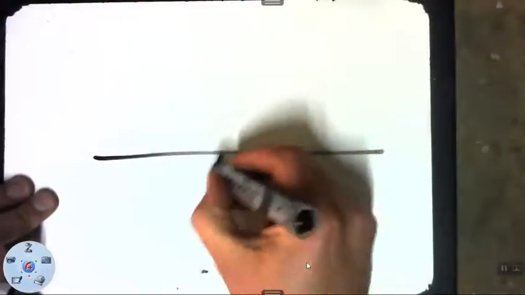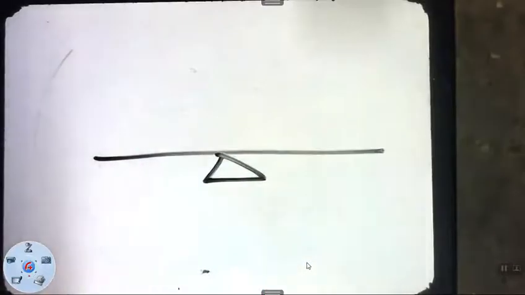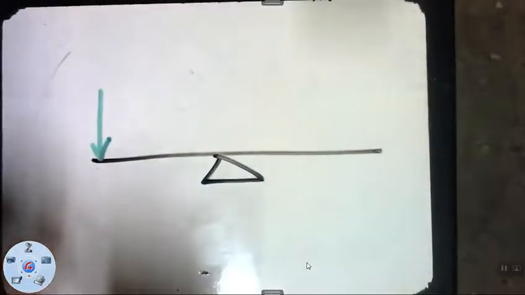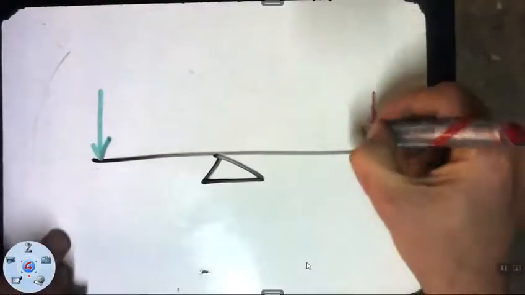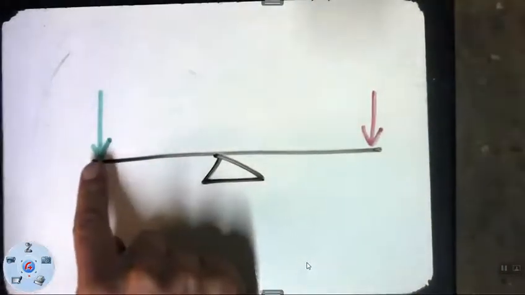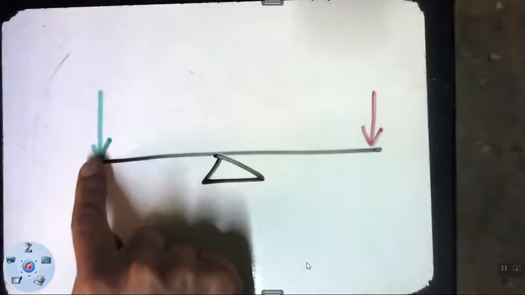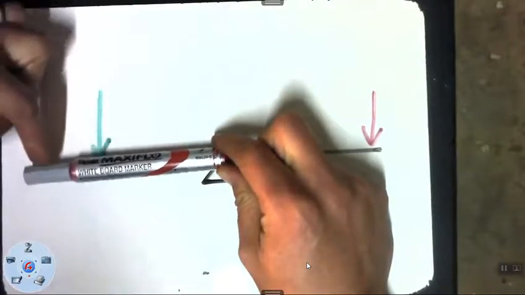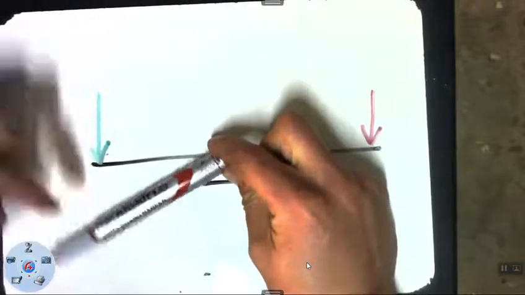Now, this brings us to the next part where we can balance objects on a class 1 lever called a seesaw. Here I have a person sitting, and there I have a person sitting, and we have a nice seesaw. Which way is this one causing this beam to move? What we do is we put a pen or something and we just push it in the direction, and we can see that that is an anti-clockwise motion.